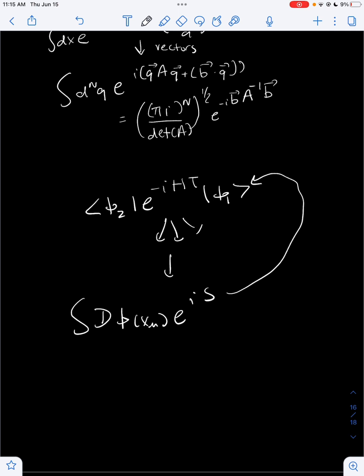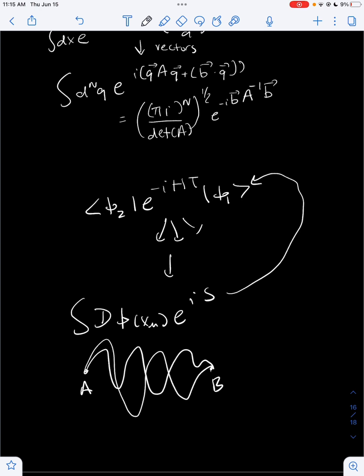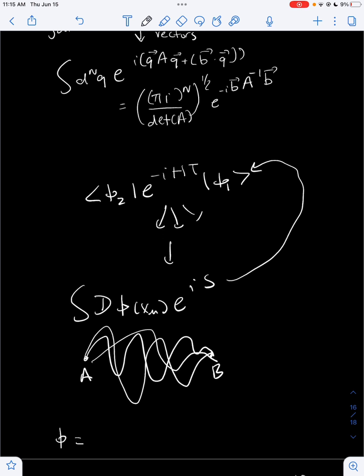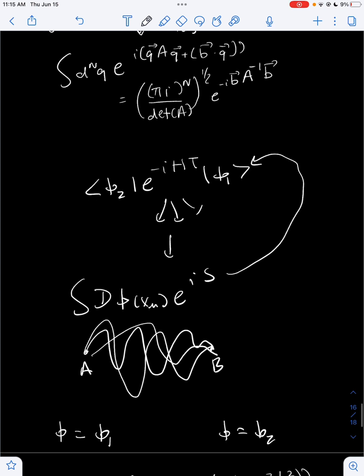So for the path integral, we looked at the probability amplitude that a particle goes from point A to point B by pretty much looking at all the possible paths that the particle can take between point A and point B. But for the field integral, we look at the field at phi equals phi1 and the field at phi equals phi2, and we look at all the possible configurations that can connect the fields at those points.